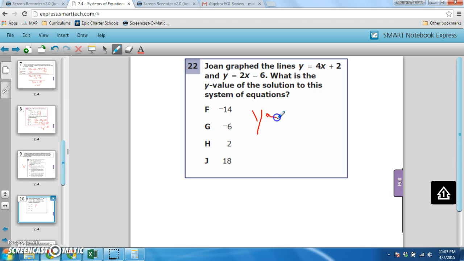Let's try doing it this way. Okay, I'm going to multiply the second equation by -2. That way when I add them together, my x's will go away.